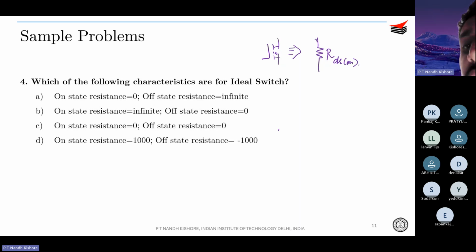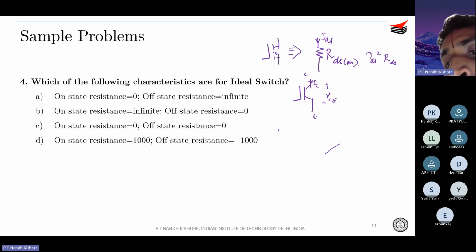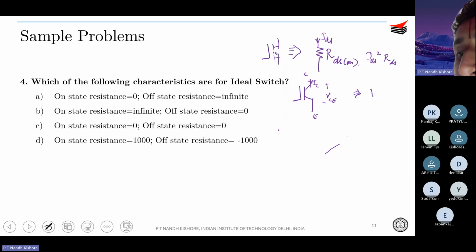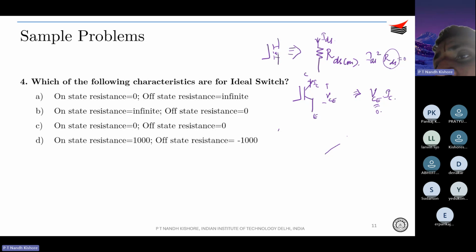So when a current IDS flows, there will be a loss of IDS squared times RDS. Similarly, for an IGBT, you have a collector current IC, but you will have a fixed drop VCE between the collector and emitter, so the loss will be VCE times IC. However, ideally, you want this VCE to be zero, or you want this RDS to be zero.